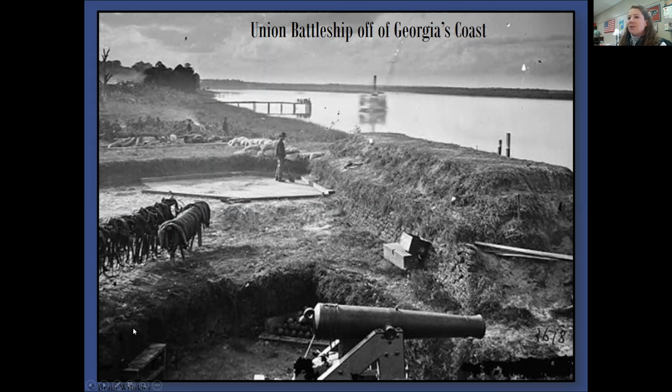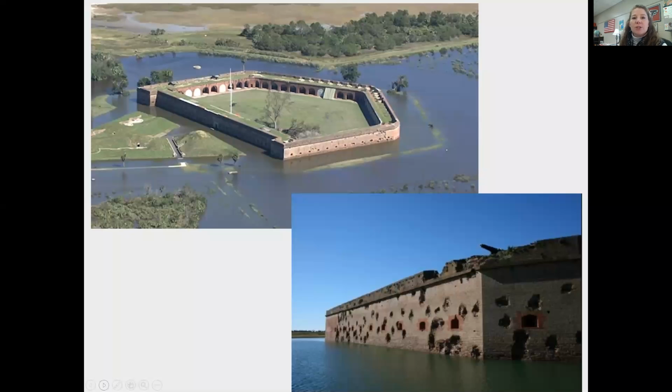So this is the first war that we actually see live pictures of. And so this is a picture right off of Georgia's coast. You can see one of the Union battleships sitting right off the coast, and that's what they did. They parked their ships there, and their job was to watch for the South trying to get one of their ships out.